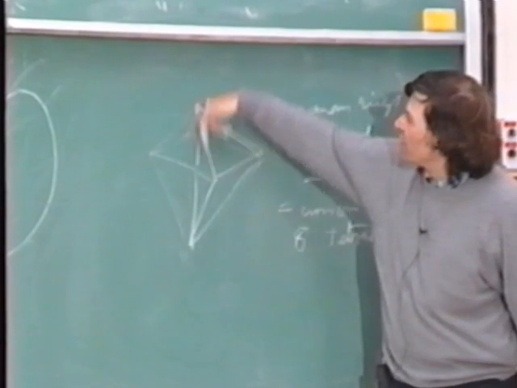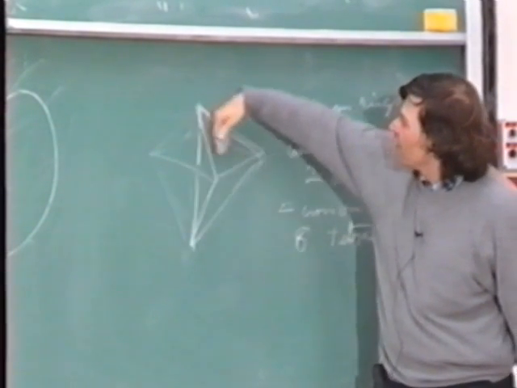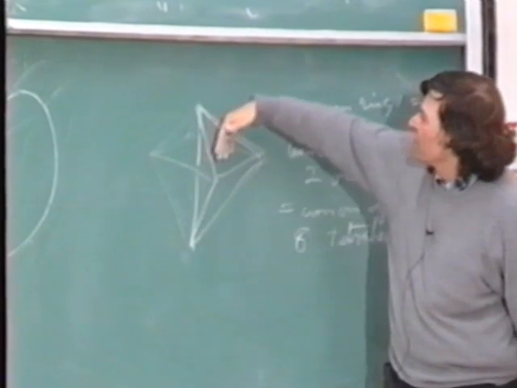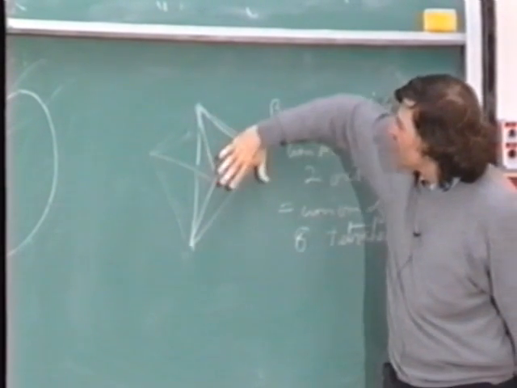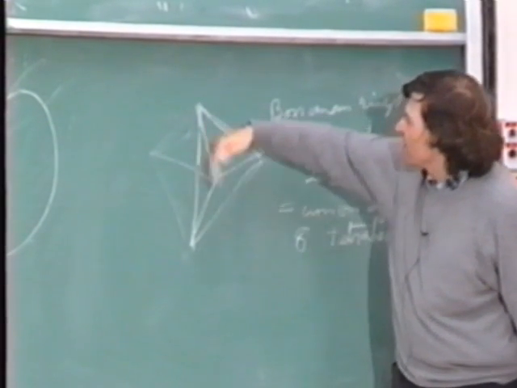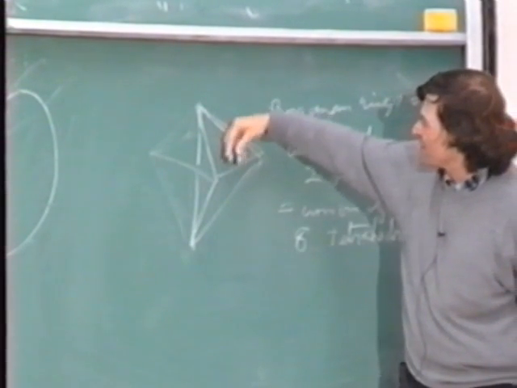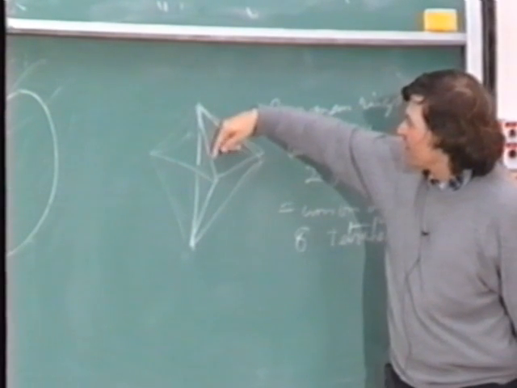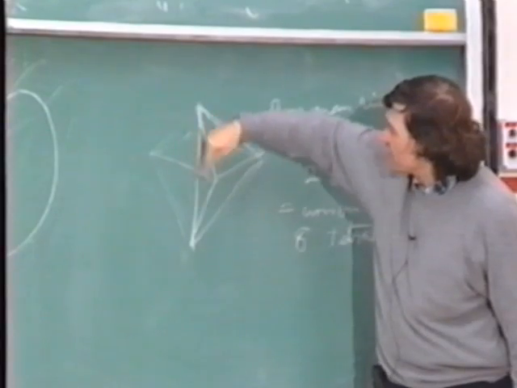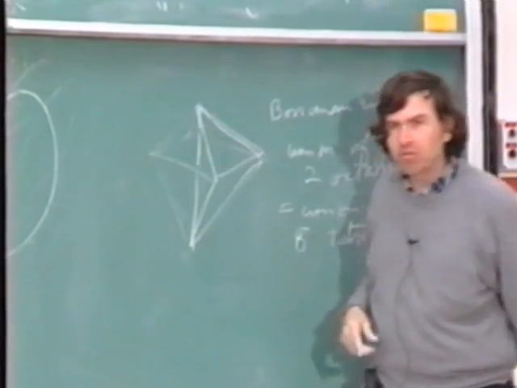But around each edge, all the tetrahedra have to fit together and glue up. When you glue them together, going around any edge, you have to come back to where you started. That ends up being an equation that the product of the cross ratios associated with those edges has to equal 1.